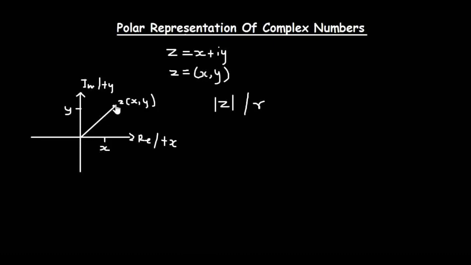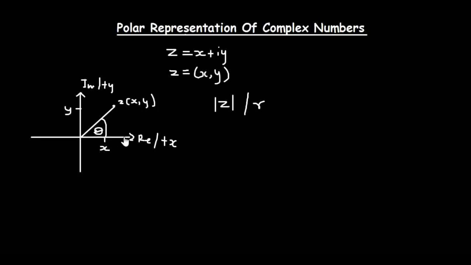This line makes an angle with the positive x axis, which is this angle that I name theta. This angle is known as the argument. Therefore, the argument is the angle that the line joining the origin to the point of plot makes with the positive x axis.